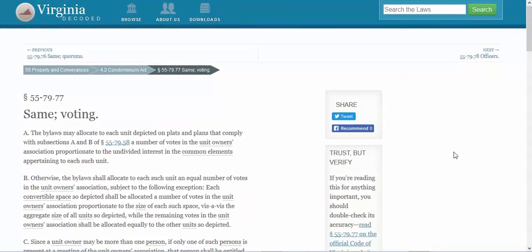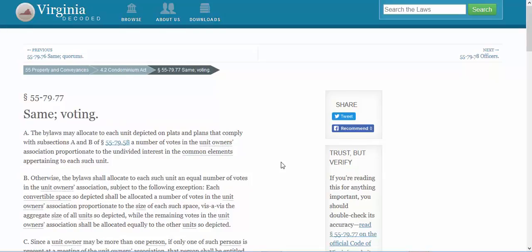Okay, guys, now on that particular link, their website is down at this time. So what I've done is I've come over to the Virginia Decoded website, and this deals strictly with Virginia law. Okay? So we're back, and this is the exact same thing as the other website.